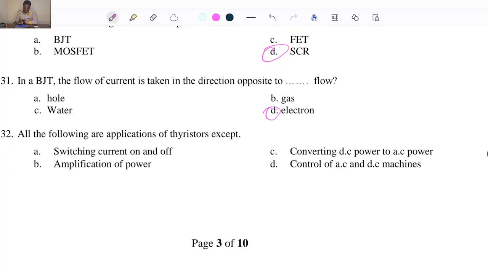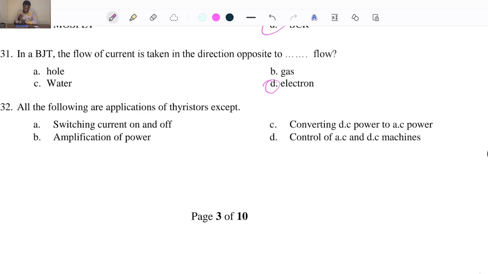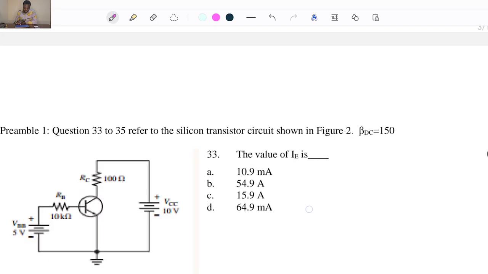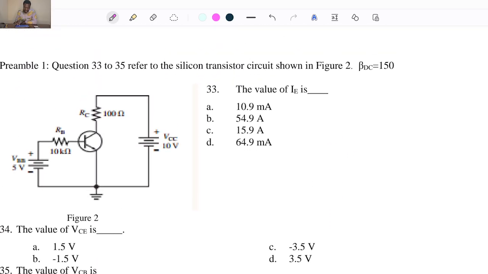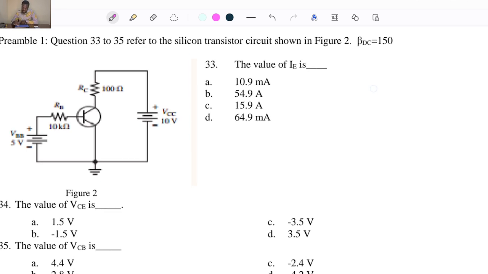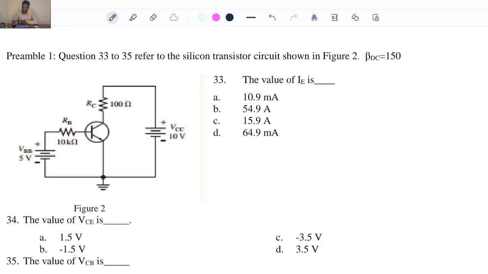All the following are example applications of Thyristor, except. Here again this is a repeated question, we have the answer as in question 32. Now you look at this question, preamble 1, question 33 to 35 refer to the silicon transistor circuit shown in figure 2.